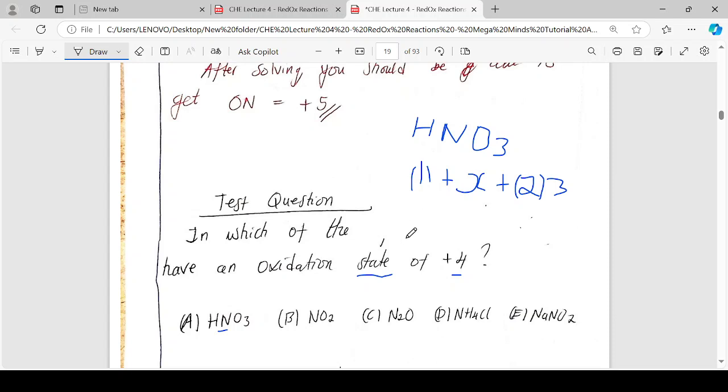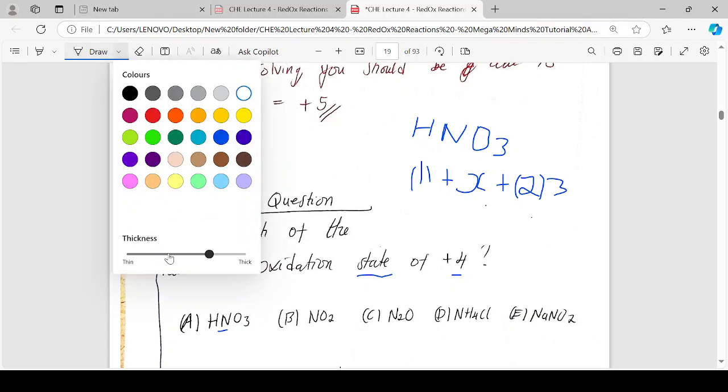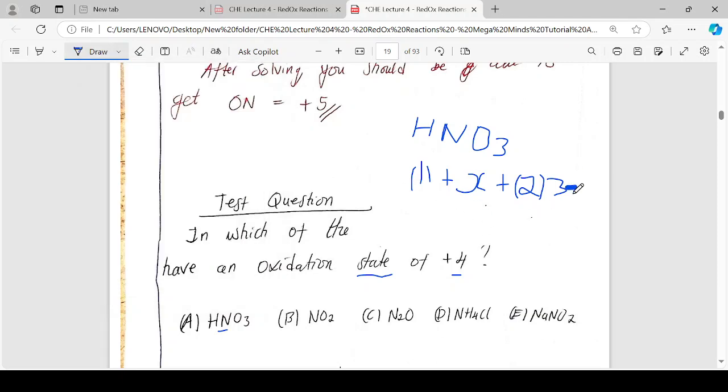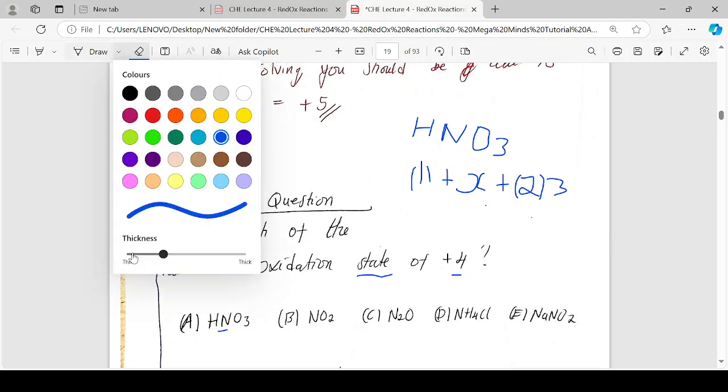Okay, so let us create some space. We want to determine where the oxidation number is going to be 4. Here I forgot to put is equal to. Remember, since there is no charge, everything will be equal to 0.